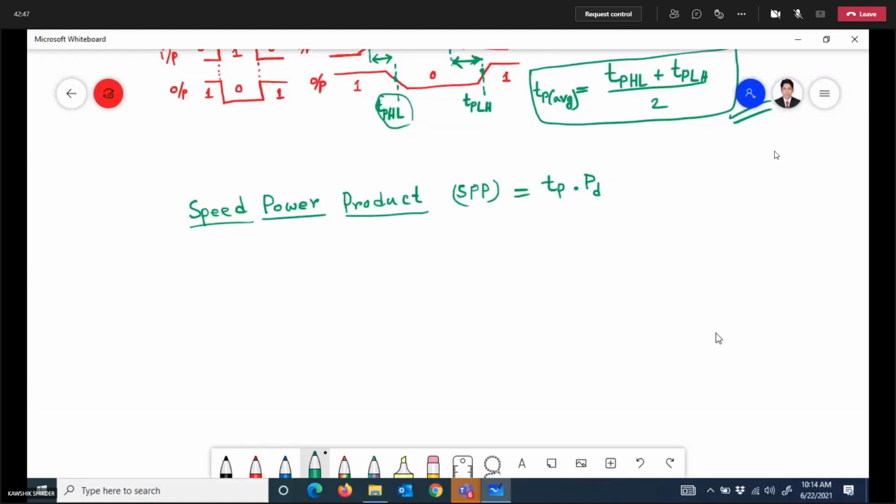Can you hear me? So speed power product is the multiplication, or the product, of speed and power. Power means power dissipation and speed means TP, the propagation delay. This is the equation for speed power product. Now what was the unit for PD, or power dissipation?